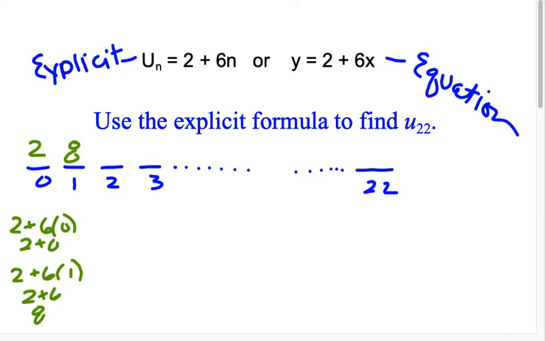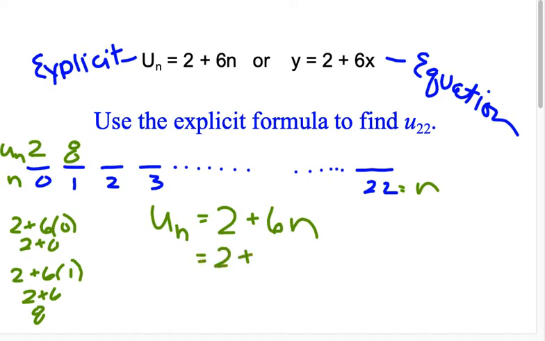You could recursively do this one thing at a time, but what the explicit formula allows us to do is jump right to that 22nd term. So this is saying, I want to know, remember down here, this is your n, here's your u sub n. So you have your term number and the value of your term number. So they're wanting to know what's the value when n equals 22.